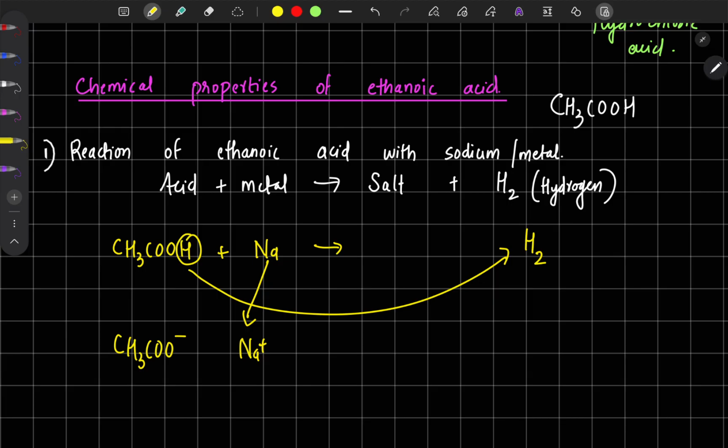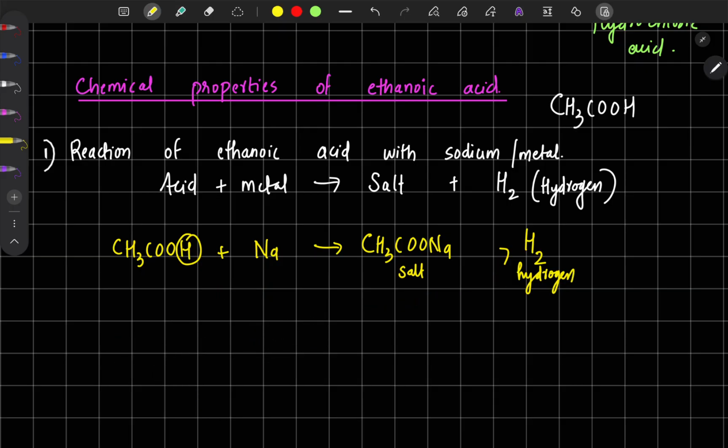That is how the salt is formed, because salt is always an ionic compound of an anion and a cation. So this is the cation and this is the anion. Negatively charged ions are anions, positively charged ions are cations. So CH3COONa will be formed. This is the salt and this is hydrogen. So this is our first reaction.